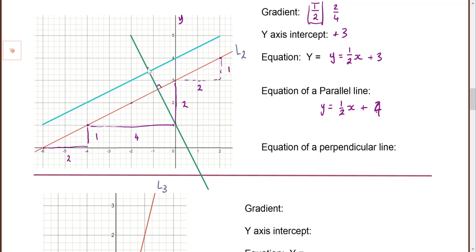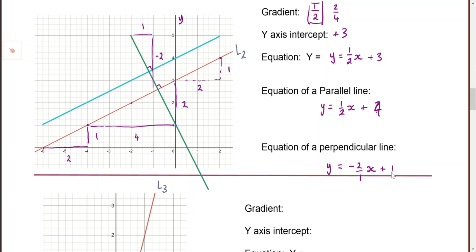Well, that's perpendicular, and the equation of this line is y equals, well, the gradient is negative, and it's a run of 1. The run is always positive. The rise is negative 2. So rise over run is actually negative 2 over 1. And then I would do x, it crosses here, so it's plus 1.